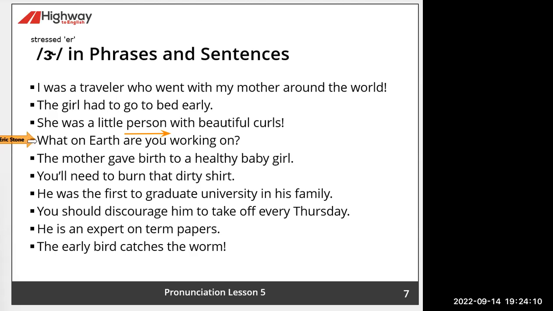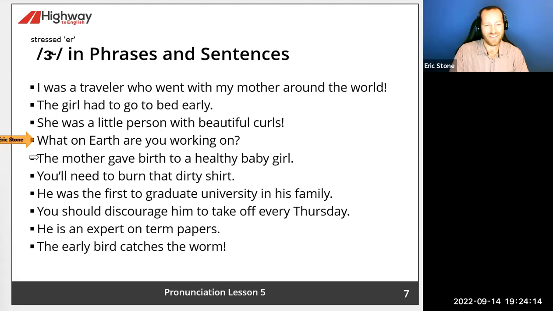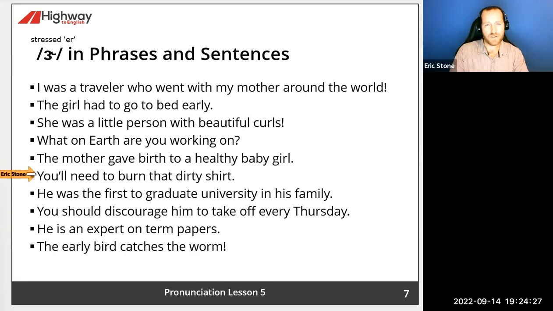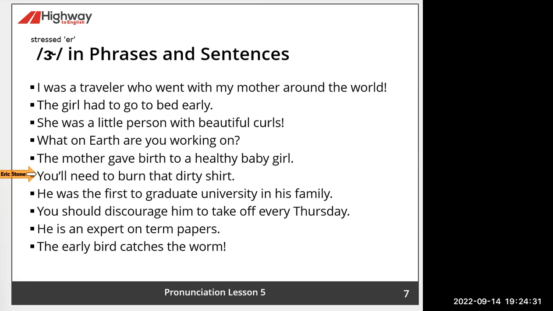What on earth are you working on? That's better. Good job. Okay. The mother gave birth to a healthy baby girl. The mother gave birth to a healthy baby girl. Nice. You'll need to burn that dirty shirt. You will need to burn that dirty shirt.